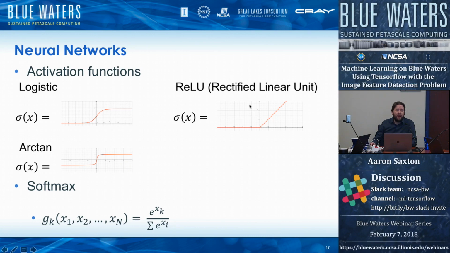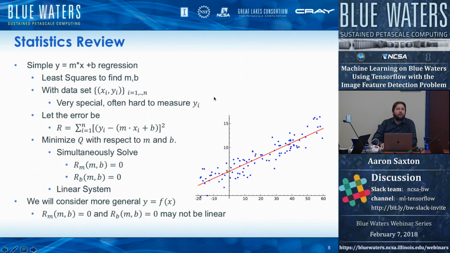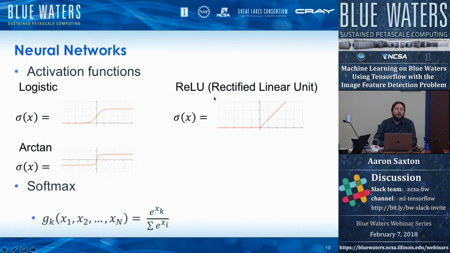So most modern neural networks use ReLUs, or rectifiers.